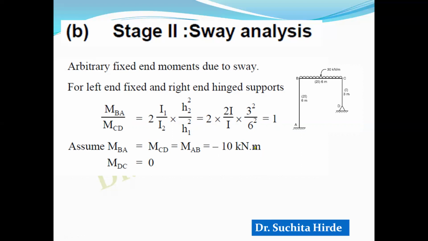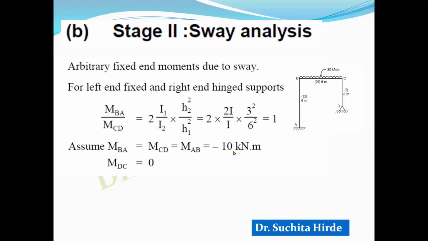Because I am assuming sway towards right. When there is sway towards right, then anticlockwise moments are developed, and therefore I have assumed here minus 10 kilonewton meter. If you want, you can take plus 10 also, or 100, 20, 30, anything.